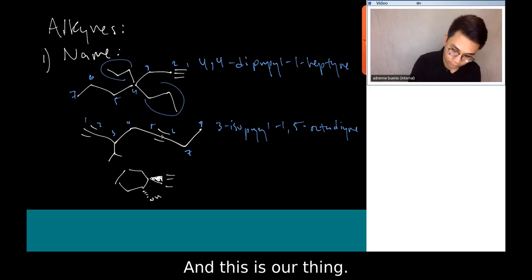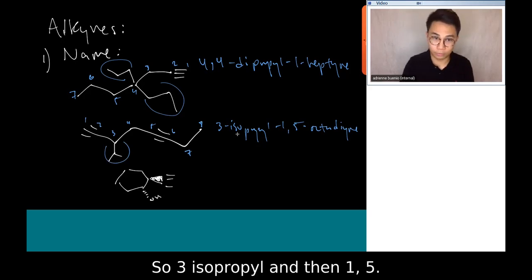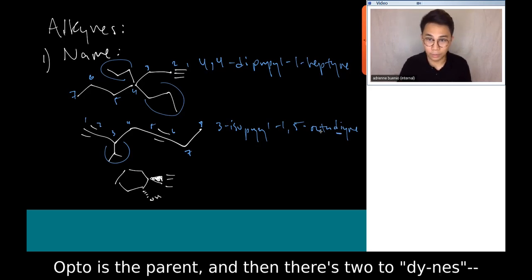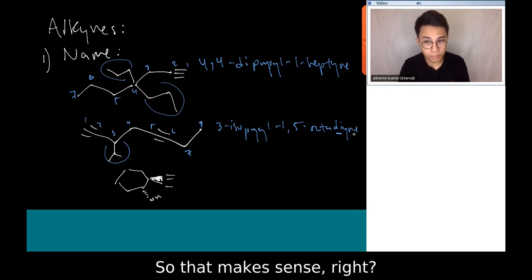There are three isopropyl groups, and then at one and five we have two triple bonds. We have the di after the octa, since octa is our parent, and there are two triple bonds. So that makes sense. And what about this one?